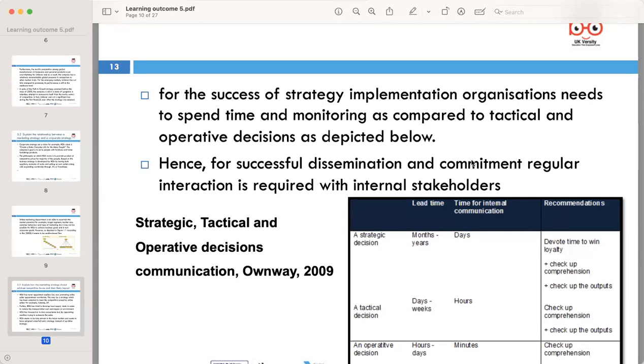To successfully implement a marketing strategy, organizations must recognize that strategic decisions require more time and monitoring compared to tactical and operative decisions. This is illustrated by the time and effort graph. So effective dissemination and commitment to the strategy demand regular interaction and communication with internal stakeholders.